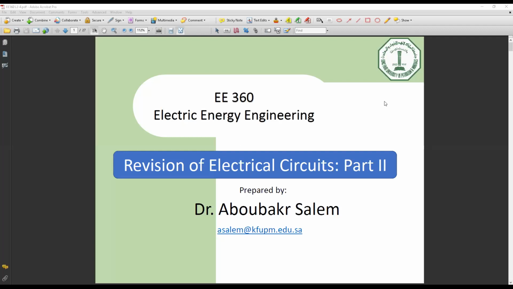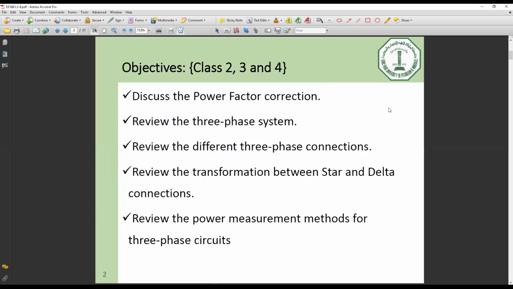Today, inshallah, we will continue the revision of the AC circuit we started last class. We will start with the part of power factor. First, these are our objectives for today's class, and in the next two classes, inshallah, we'll discuss power factor correction: what is the meaning of power factor correction and why we need to correct the power factor of loads.